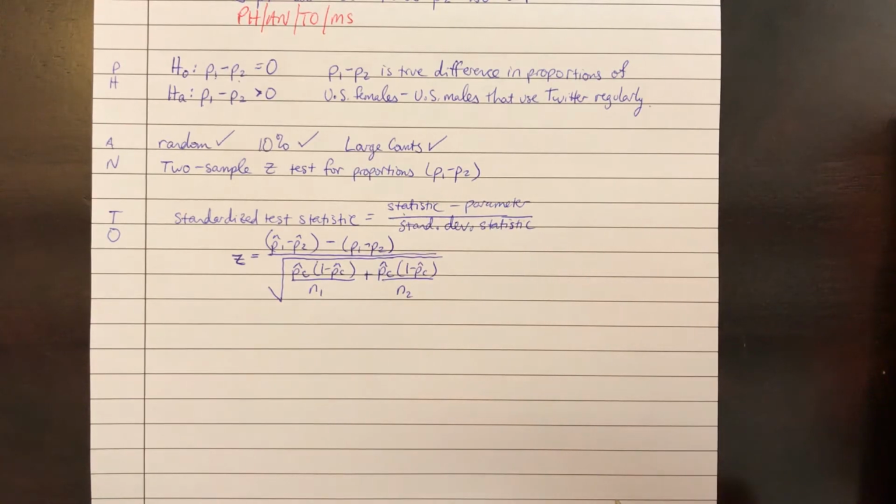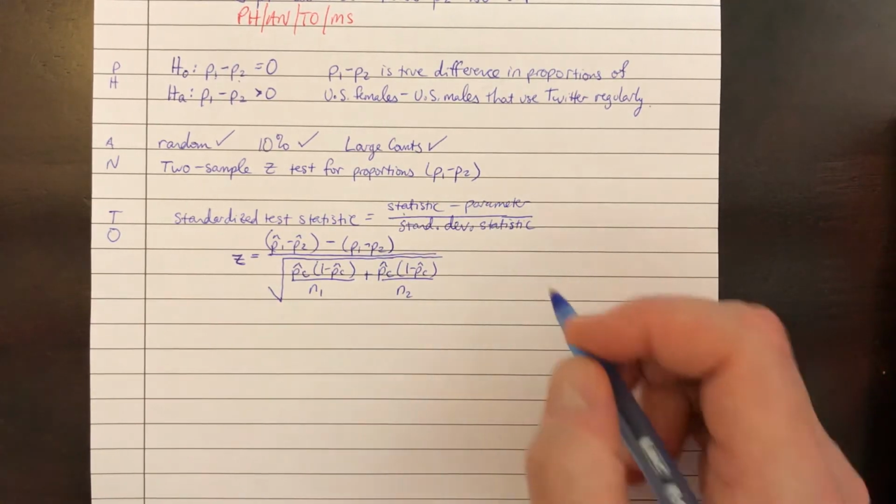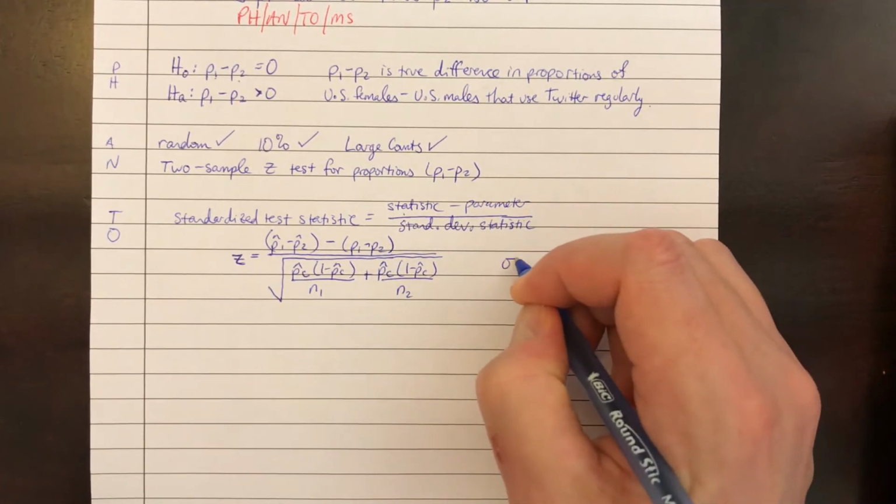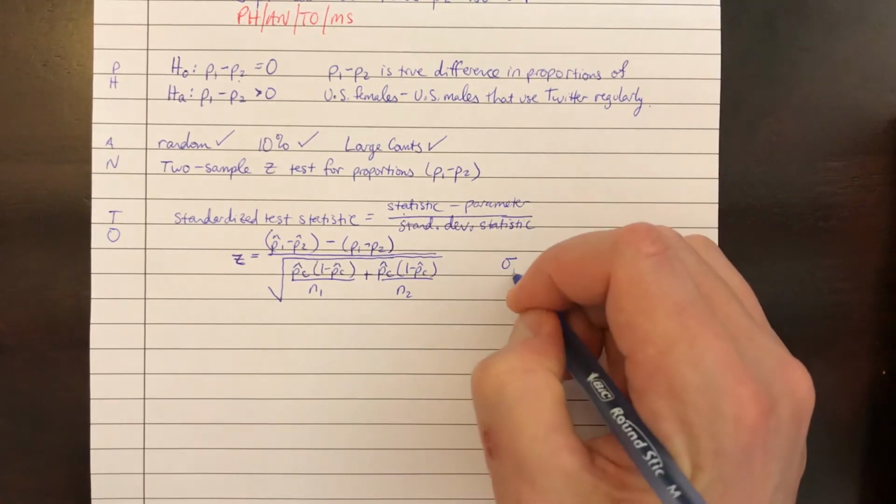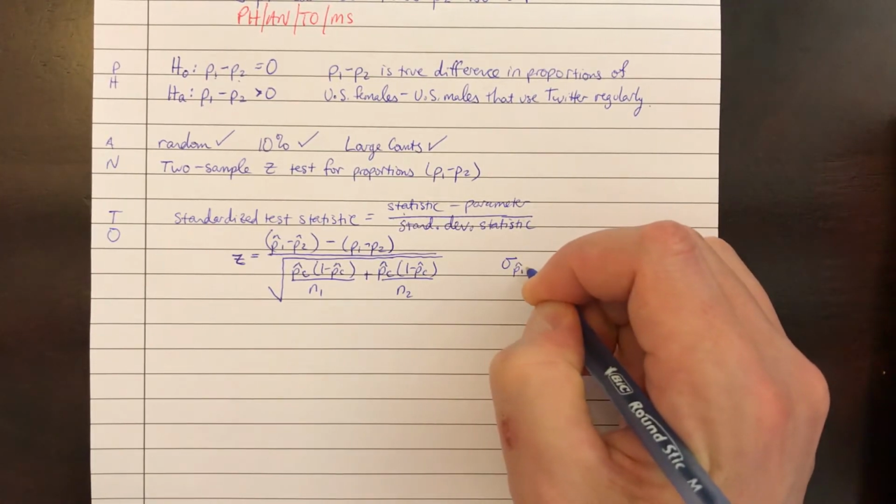Now you're asking, whoa, where did that come from? Because we do have a formula for the standard deviation of the differences of the sample proportions.